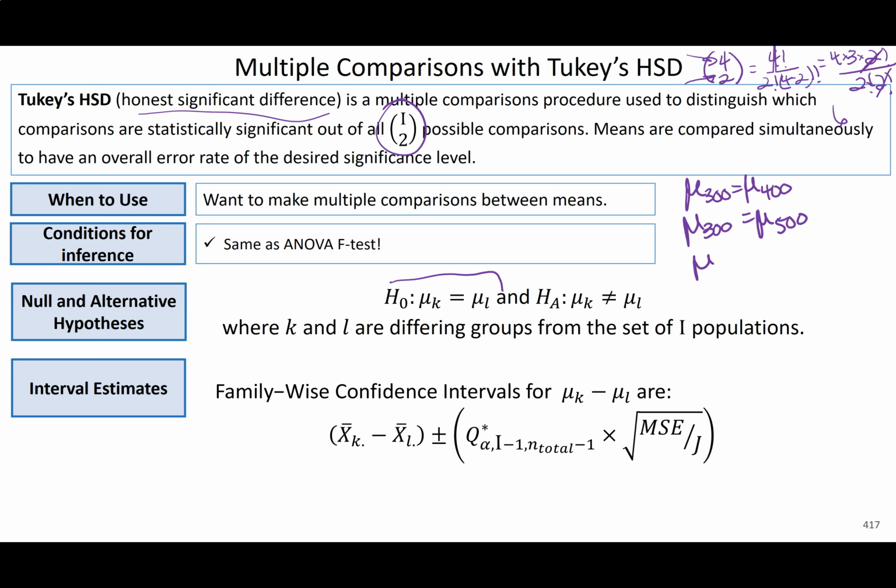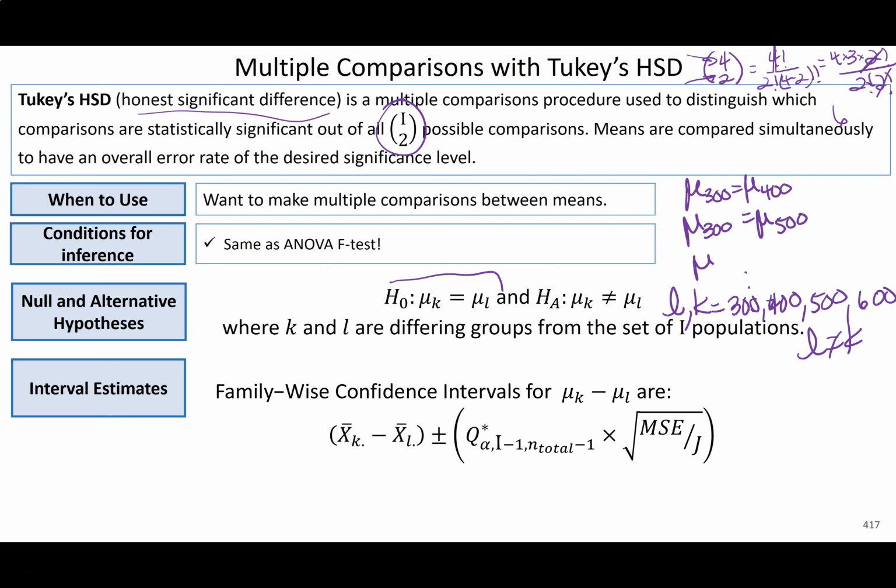There will be 6 of them. I find it easy to just say k is equal to 300, 400, 500, 600, and I guess that's L. So L and K, and L not equal to K.